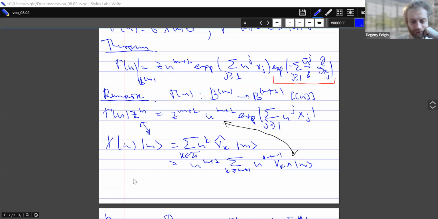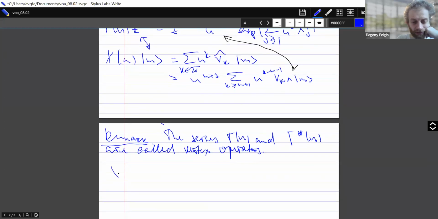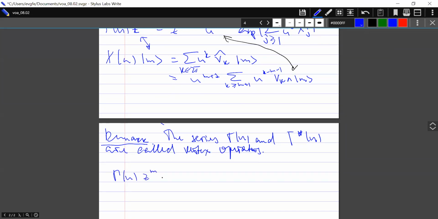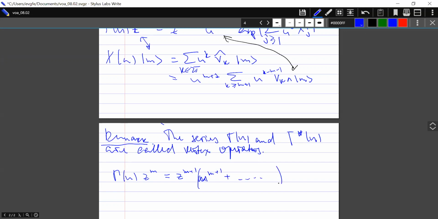Yeah, so what you're saying is that gamma of u applied to z to the power m starts with z to the m plus 1, u to the m plus 1, plus something else. Yes? Yes.